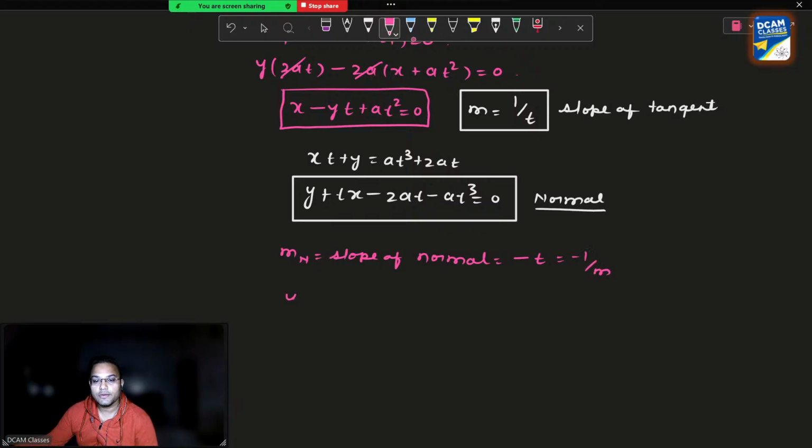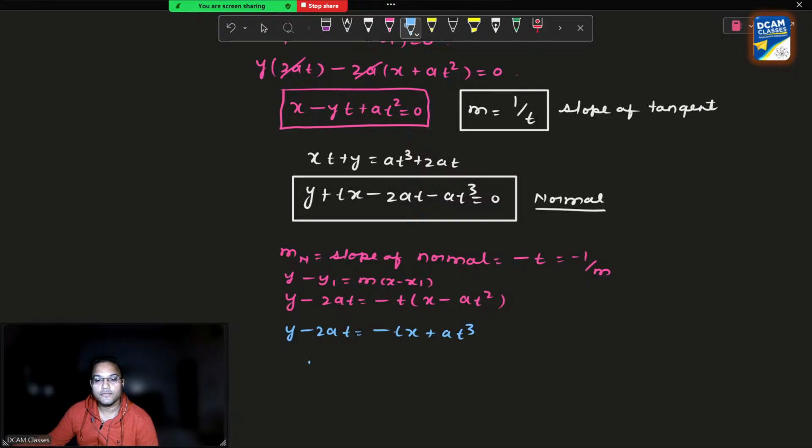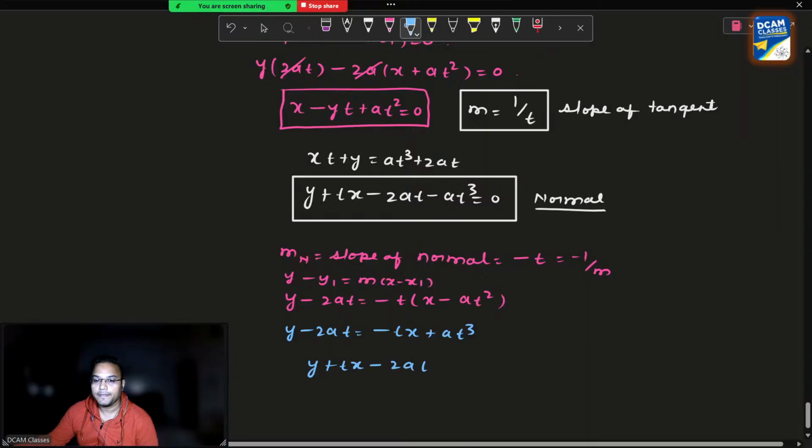Now the equation will be y minus 2at is equal to minus t into x minus at square, because I have used y minus y1 is equal to m into x minus x1. So y minus 2at will be equal to minus tx plus at cube. So it will be y plus tx minus 2at minus at cube, the equation that you are getting.